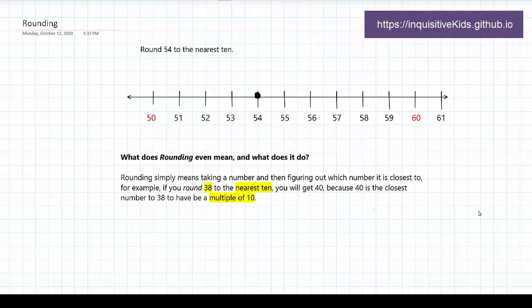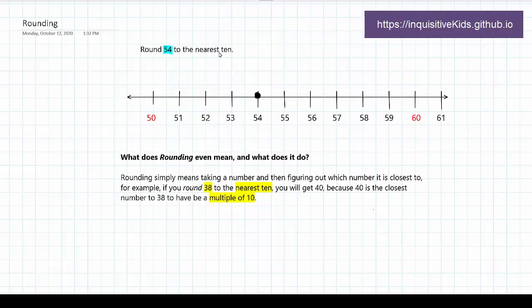Let's see what I meant by that. Well, right now we have a problem. It says round 54 to the nearest 10. You have to know which number you'll be rounding. In our case right now, it's 54. We're trying to find which landmark number 54 is the closest to.